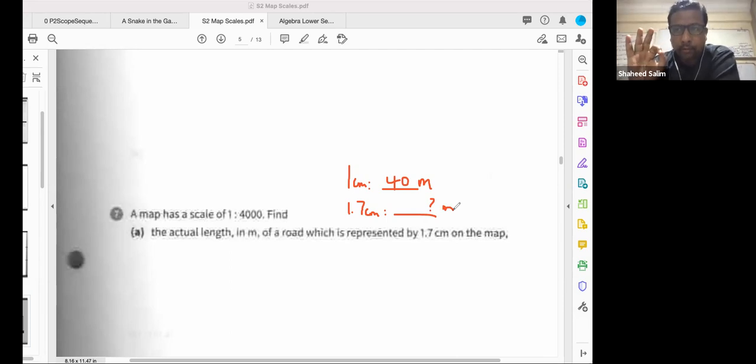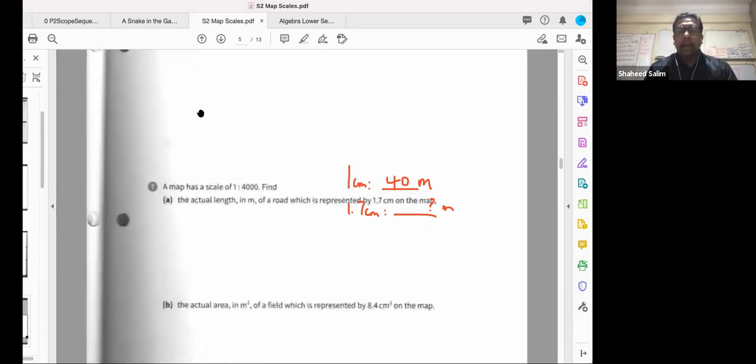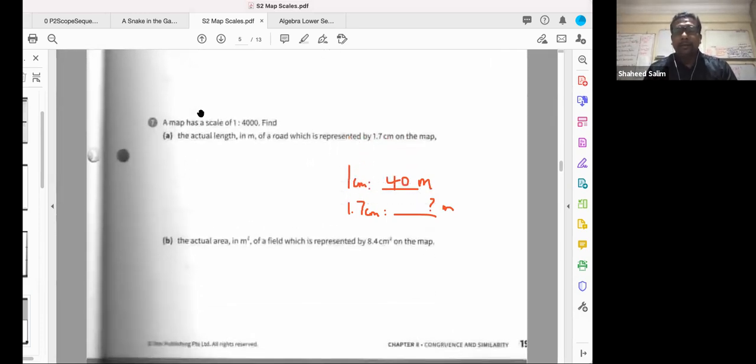Okay, now I think we are going to go to area already. Area, remember, you need to do the area ratio. You remember how to do?